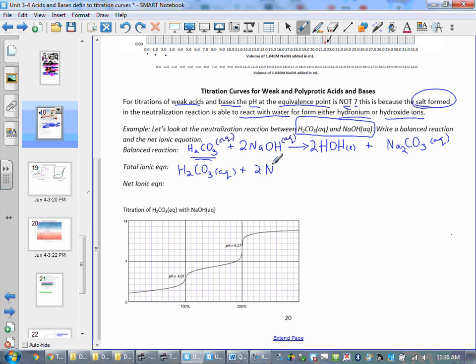Now we're going to break up our strong base. We've got 2 sodiums and 2 hydroxides. We're not going to break up our water because it's liquid. But we've got an ionic compound, so we make 2 sodiums and 1 carbonate.